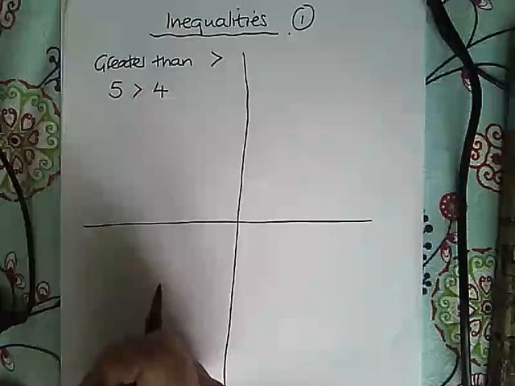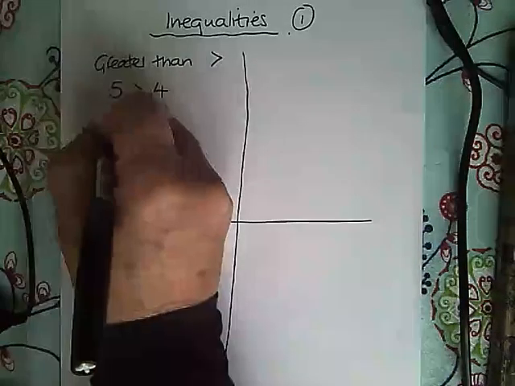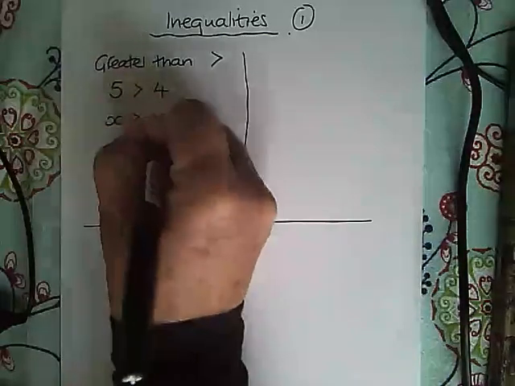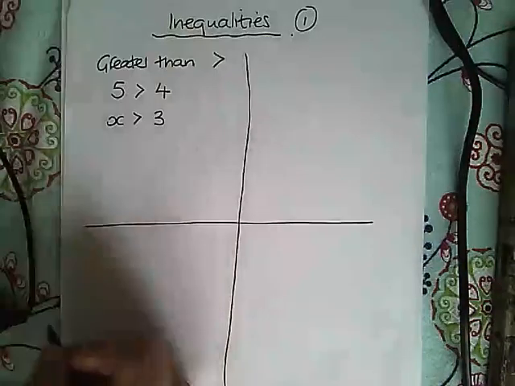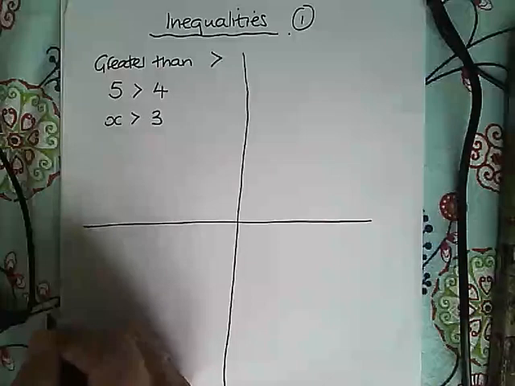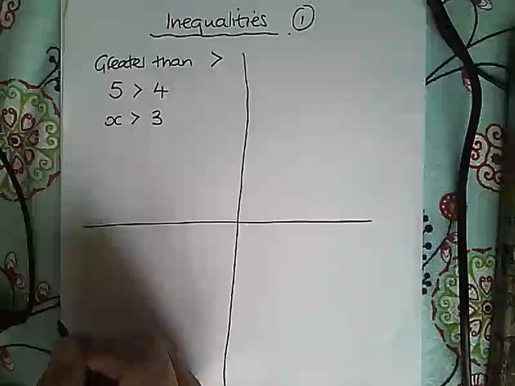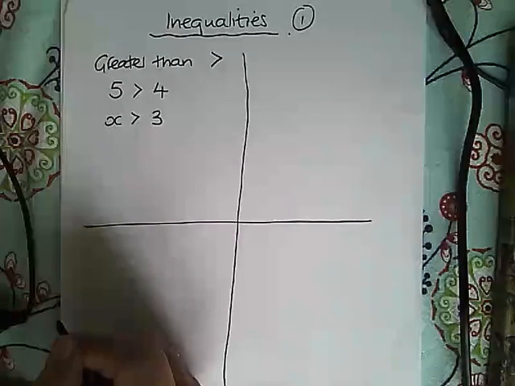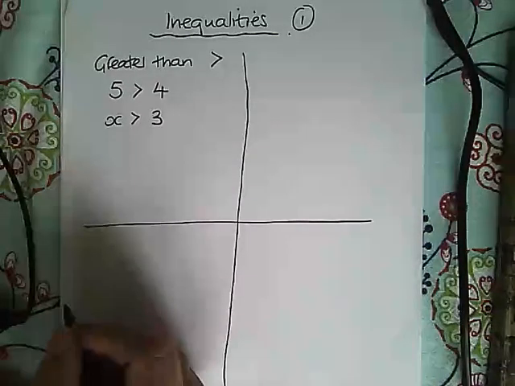If we had some algebra in that, if we wrote x is greater than 3, that means that x can be any number. It can be a fraction or a decimal as long as it is bigger than 3. And that means it can't have the value 3. It cannot equal 3.